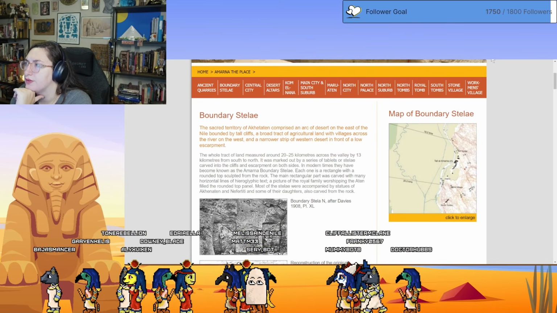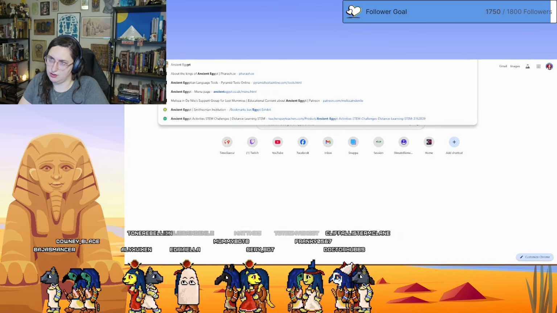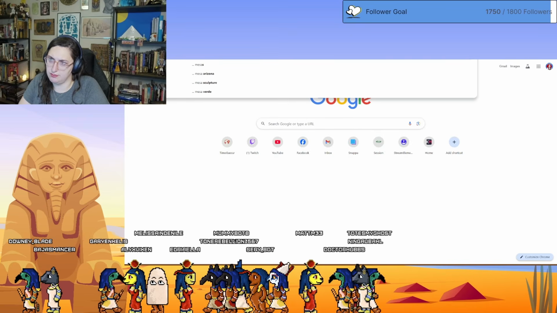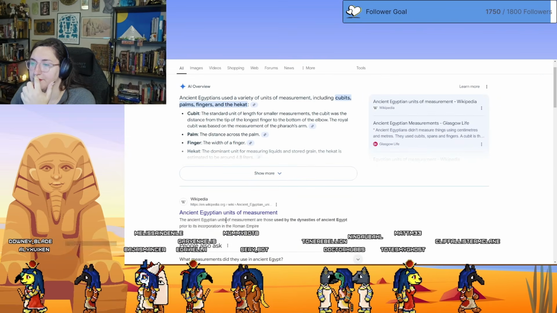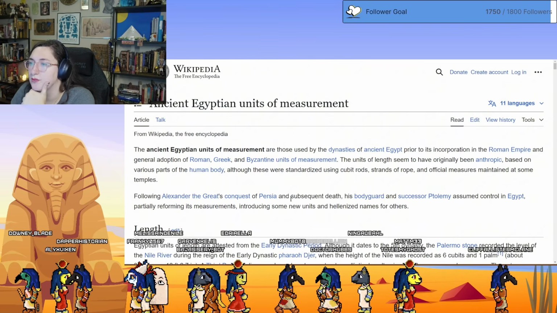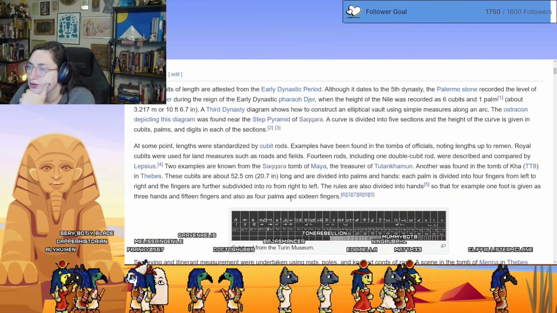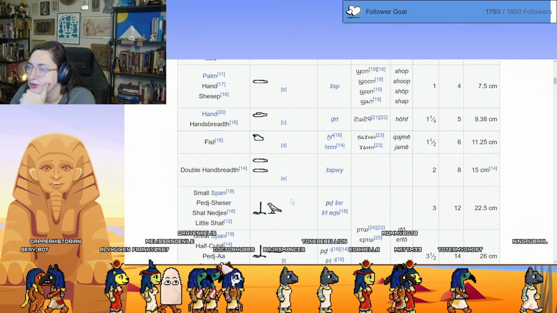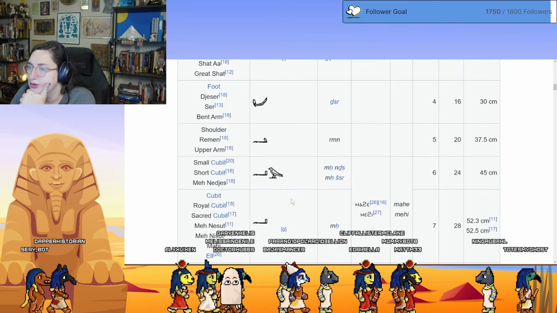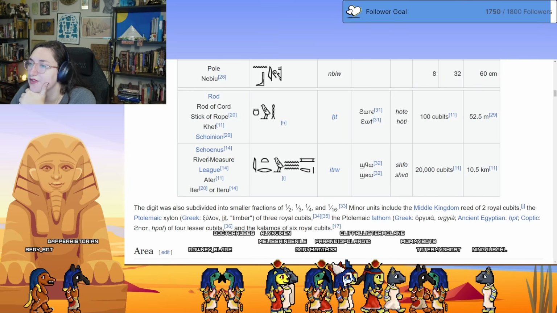I wonder if I could, let me just Google it real quick. Ancient Egyptian measurements. Wondering if this says. Ah, river measure.